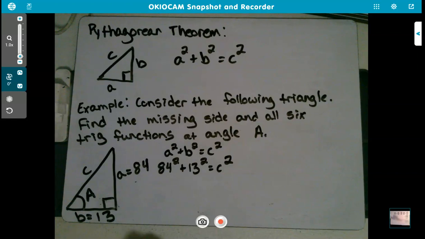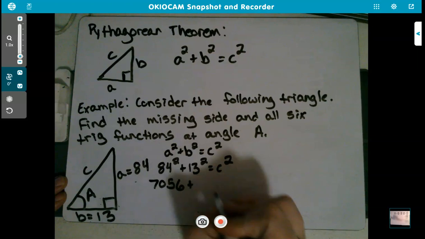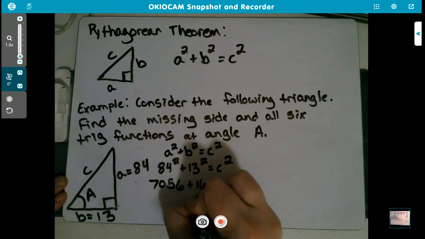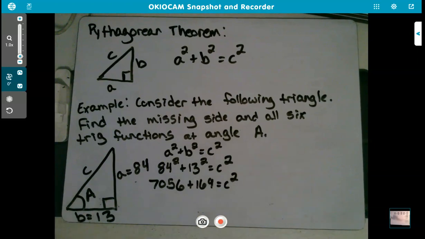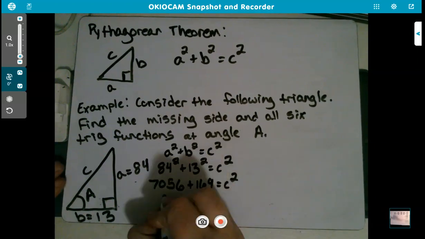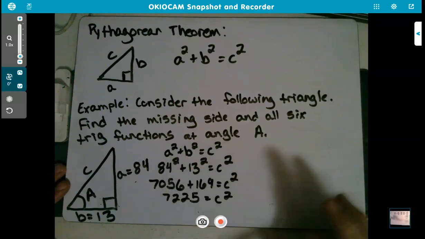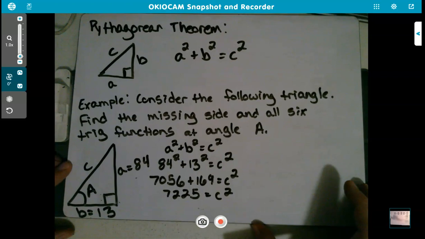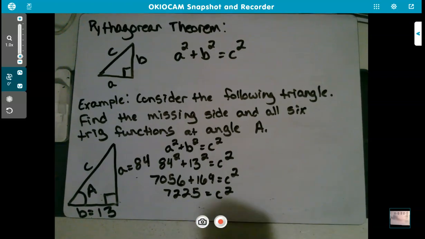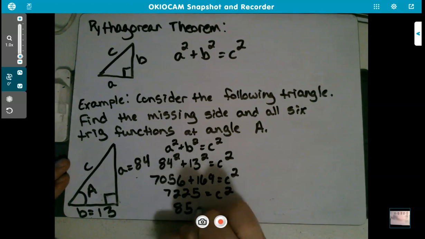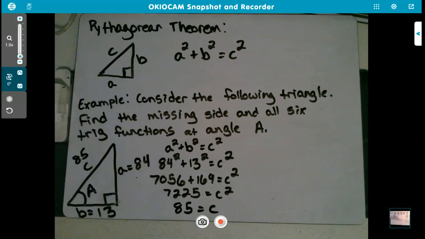So let's do this out. 84 squared is 7,056 plus 13 squared, which is 169, is equal to whatever C is squared. Add these guys up and you get 7,225 is equal to C squared. So now in order to find what C is, I just take the square root of that. And the square root of 7,225 is 85. So side length C is equal to 85.